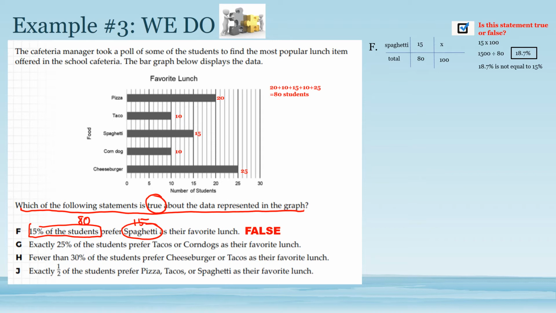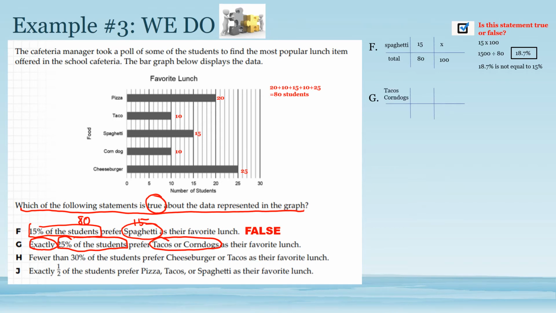G. Exactly 25% of the students prefer tacos or corn dogs as their favorite lunch. Remember, we're looking at exactly 25% of the students who prefer tacos or corn dogs as their favorite lunch. So we're talking about percent. So we're going to set up our Big H strategy. Tacos or corn dogs?